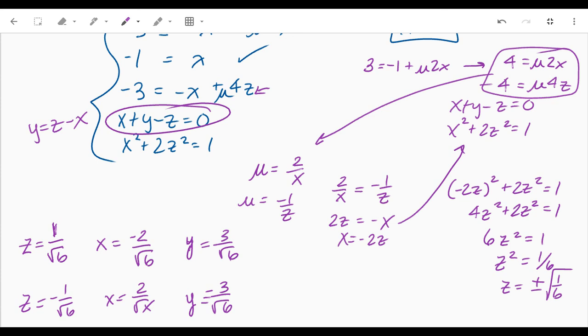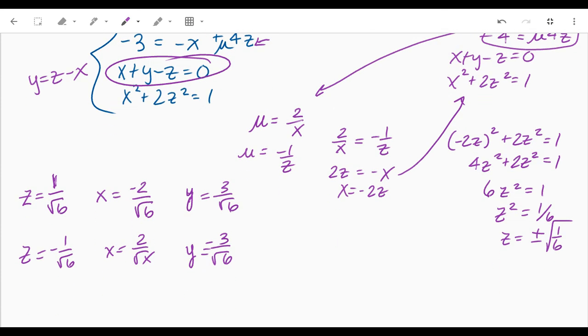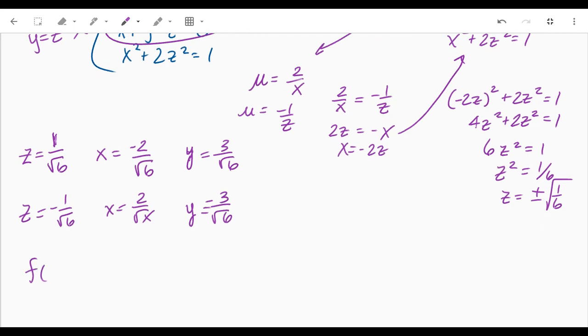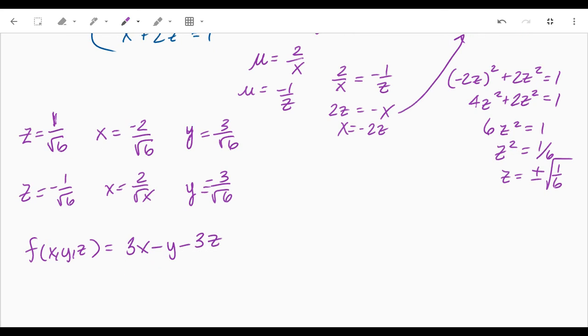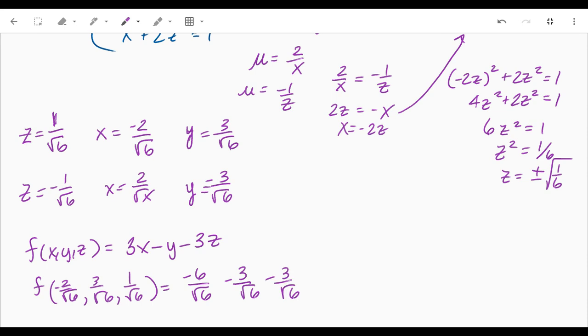It depends on if we're trying to maximize or minimize it, right? So our original function was 3x minus y minus 3z. So f of negative 2 root 6 over root 6, 3 over root 6, 1 over root 6 would equal negative 6 over root 6 minus 3 over root 6 minus 3 over root 6. So it'd be negative 12 over root 6.